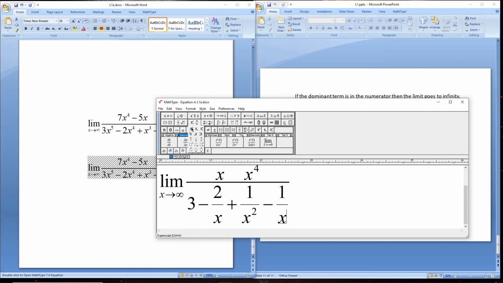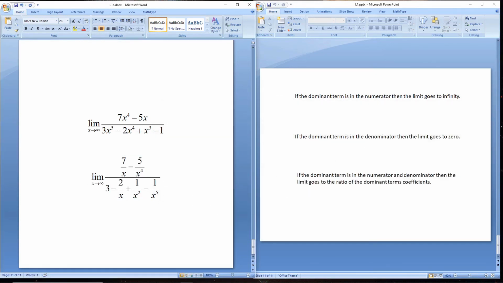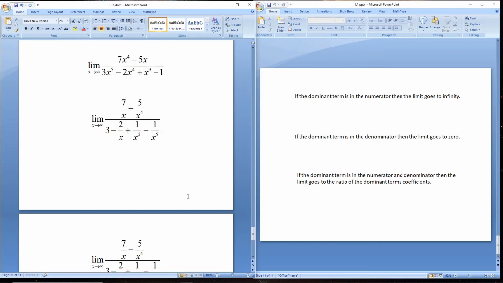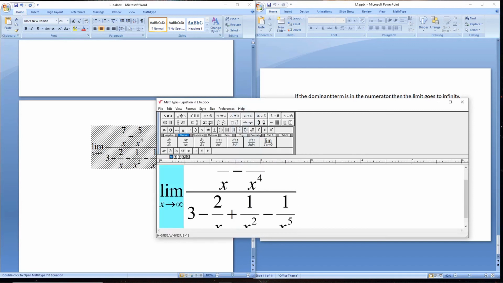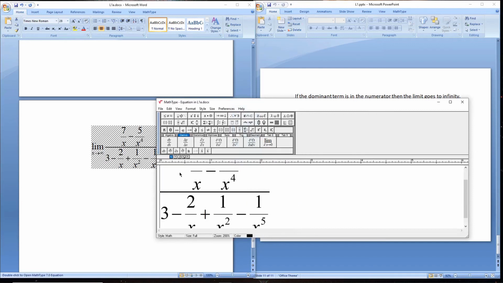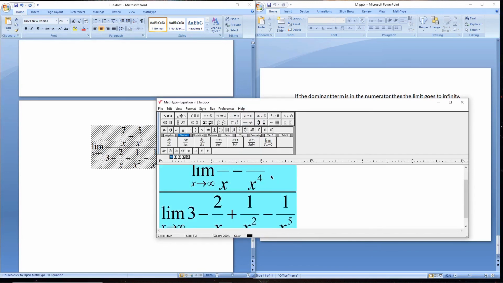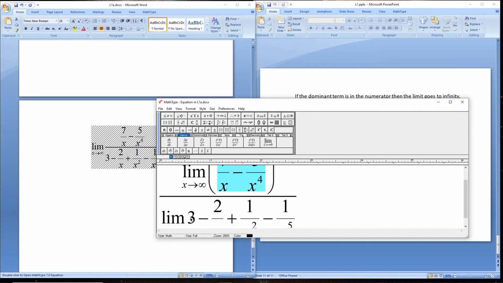And why would you do this? Well, because the limit can pass along to the numerator and the denominator. And then once we do that, we can distribute the limit to each term then.